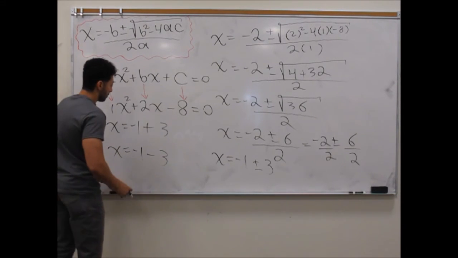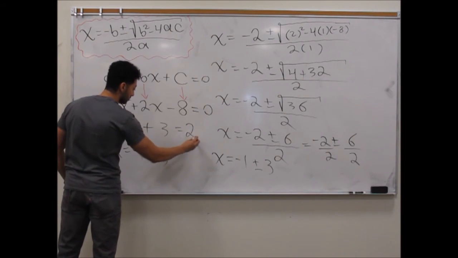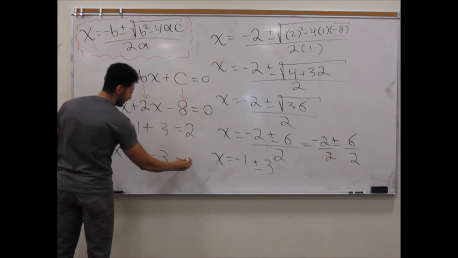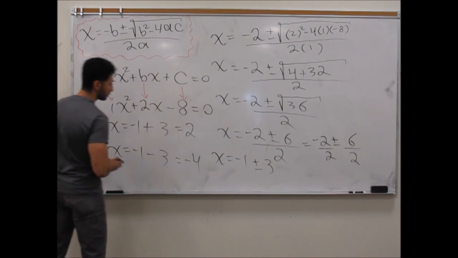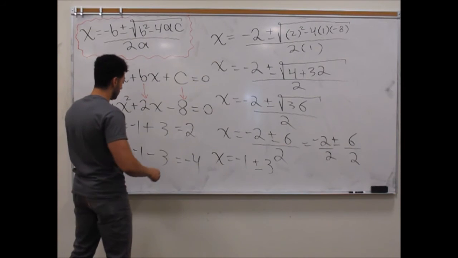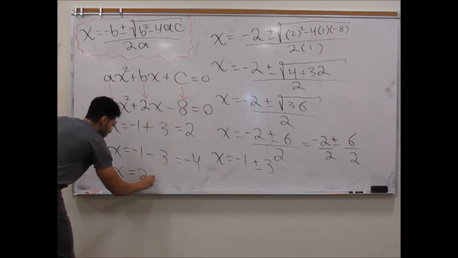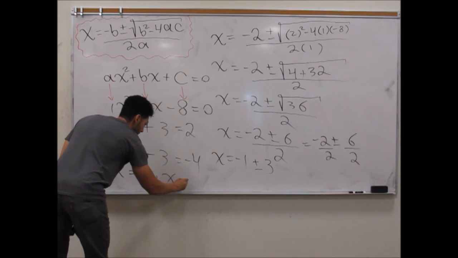Okay, so negative 1 plus 3 would be 2, and negative 1 minus 3 would be negative 4. So the 2 solutions I got for this were x equals 2 and x equals negative 4.